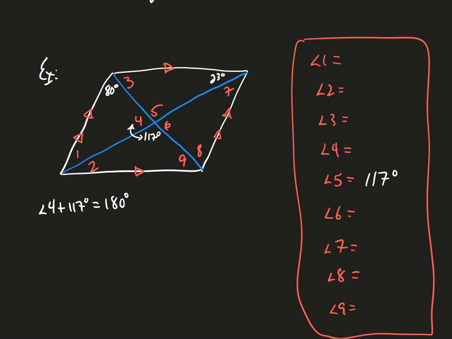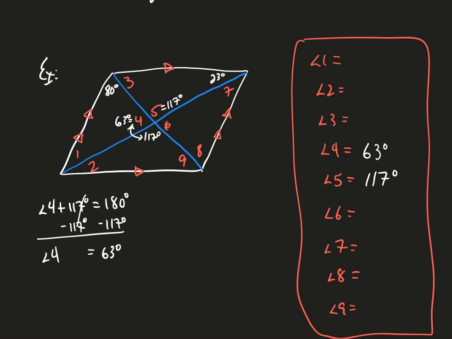That allows us to solve for 4 by subtracting 117 degrees from both sides. Therefore, angle 4 has to be 63 degrees. And if it's helpful, I could include those numbers as we go. So 5 is 117, 4 is 63. Any of those, feel free to include in your picture.